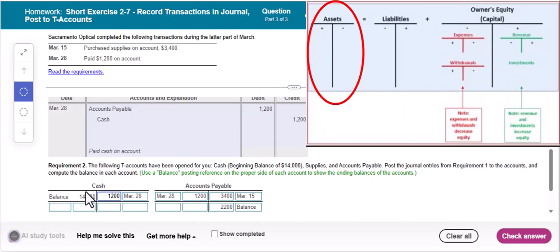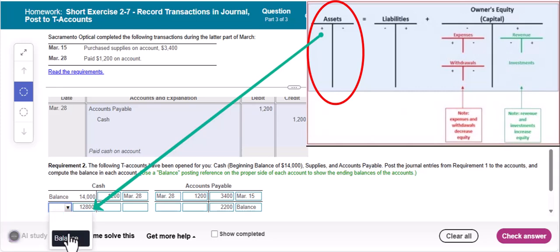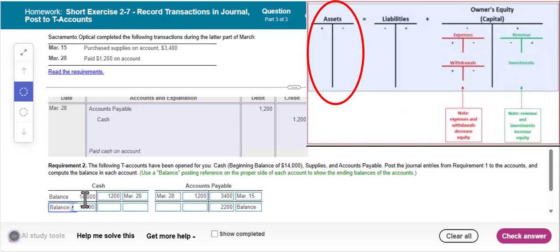We take 1,200 away from 14,000, and that gives us a total of 12,800 on the debit side as a balance on the cash. Remember to put the balance on the larger side, and we can see that here is the side with the 14,000. And remember, the balances should almost always be on the plus side, that's on the accounting grid anyway.